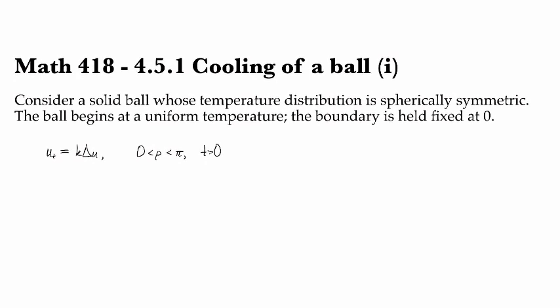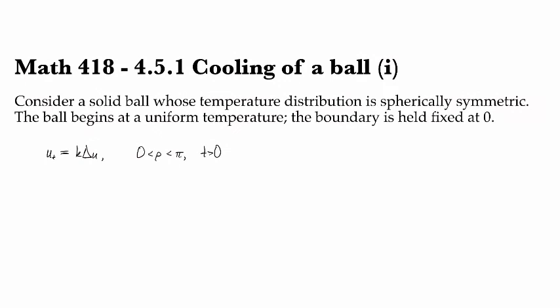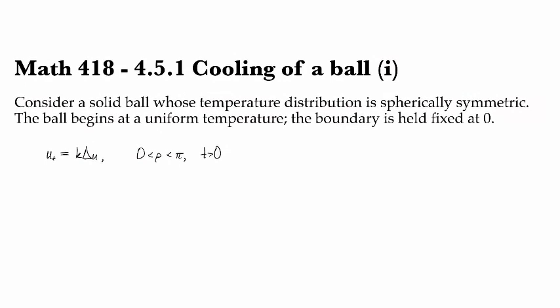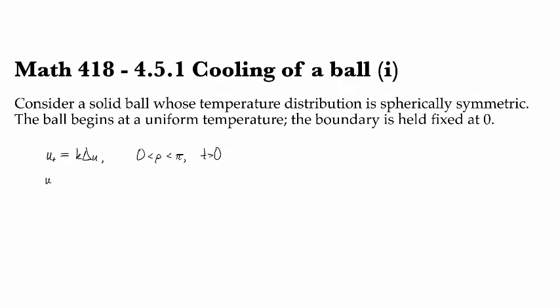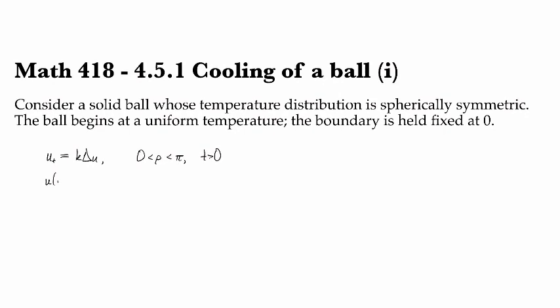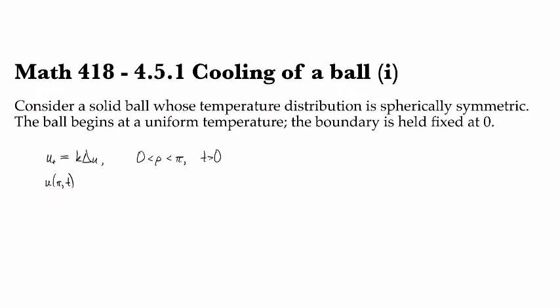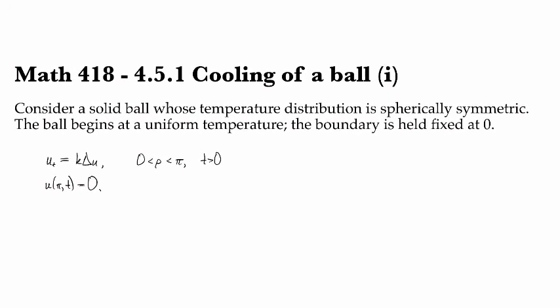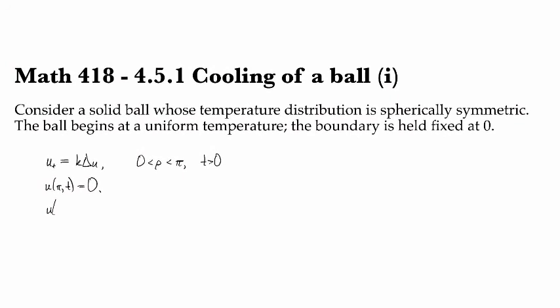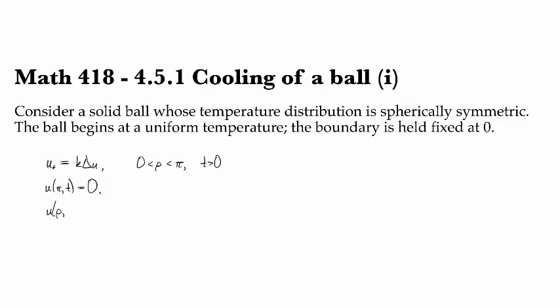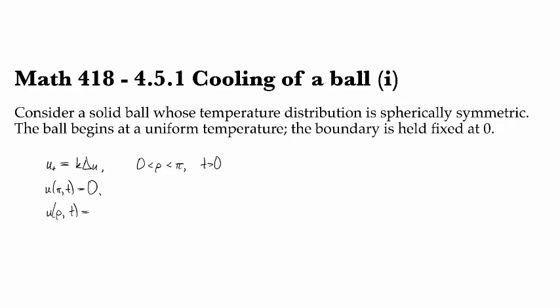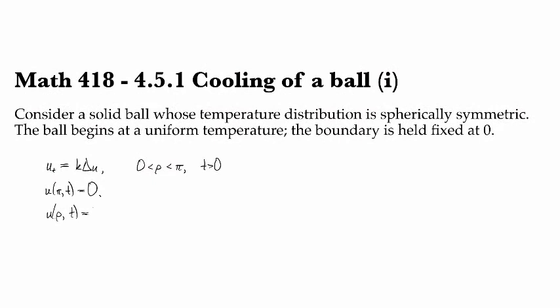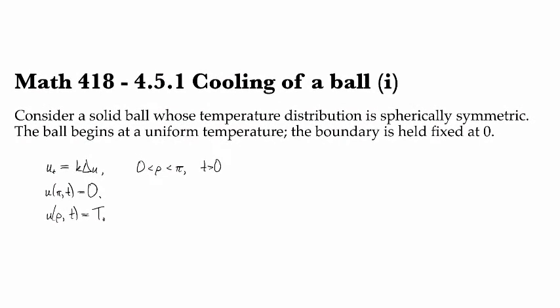And we'll take our function also to be spherically symmetric. So the temperature on the surface is fixed equal to 0, and then we will have u just as a function of rho and time.